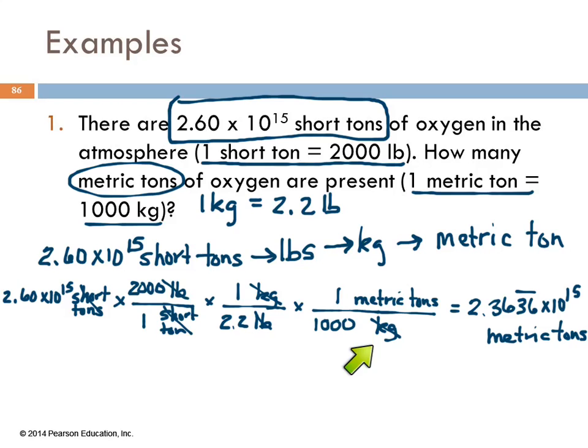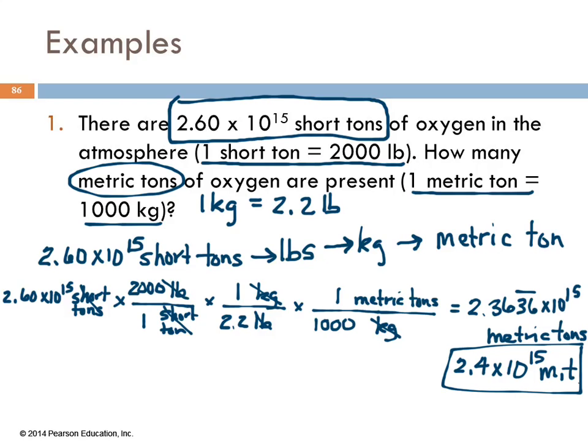Here, metric tons and kilograms are both metric units, so that's infinite again. Because we didn't look this up very carefully, that's going to limit our answer. That's okay. So 2.4 times 10 to the 15. I'm tired of writing that, metric tons. Any questions?